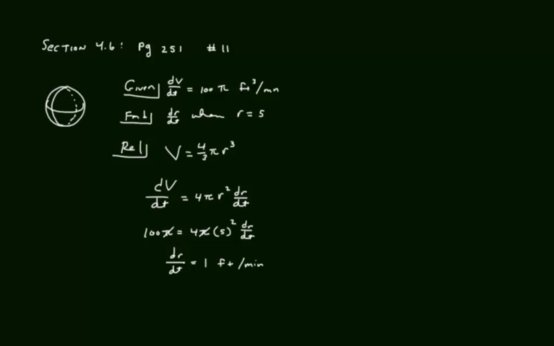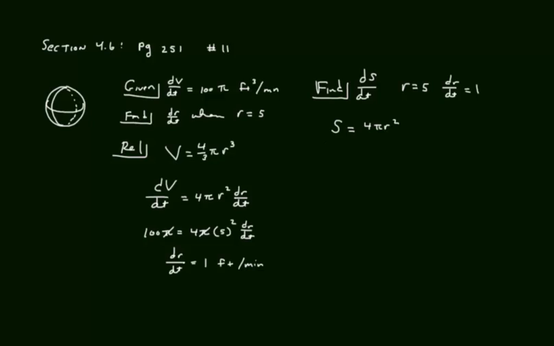Now we're going to take a look at part B, when it says how fast is the surface area increasing at that very instant. So in part B, we want to find dS/dt at that very instant, when r equals 5 and correspondingly dr/dt equals 1. The surface area of a sphere, S equals 4 pi r squared.